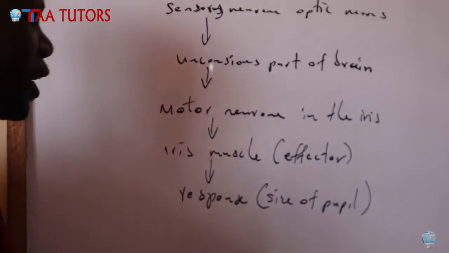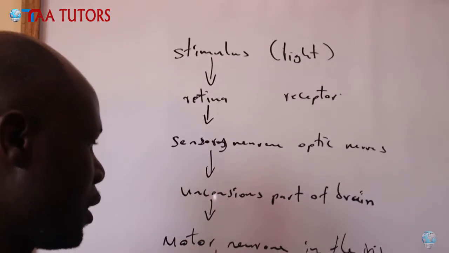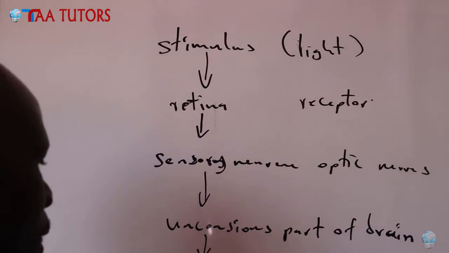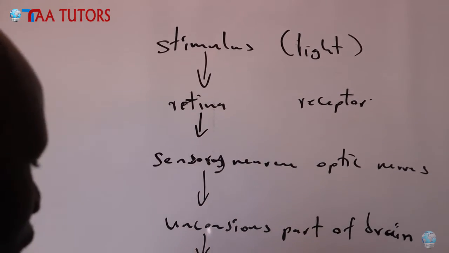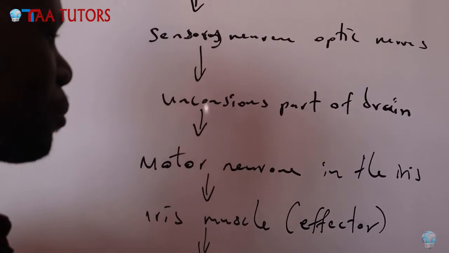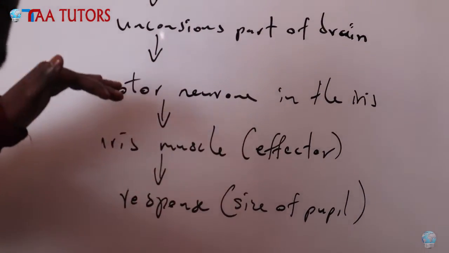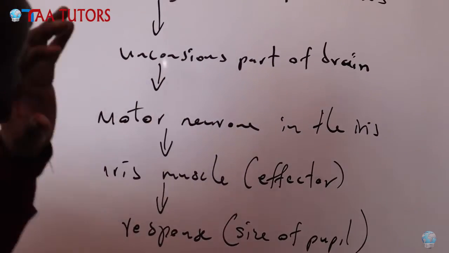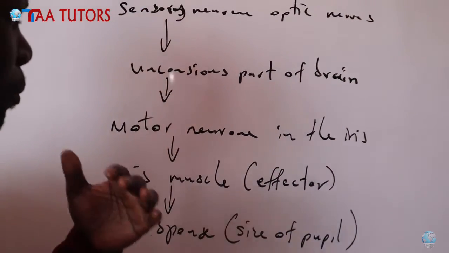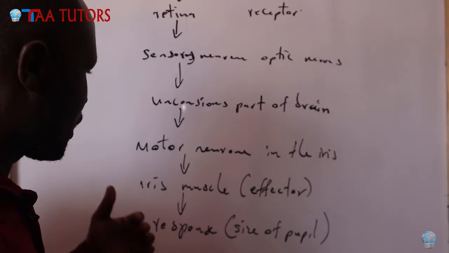When you are in dim light, how will the size of the pupil be? It will be widening, it will be dilating. That is the actual response there. If you are in bright light, the pupil will constrict so that it becomes small. That is how you are responding. So these are the events, how they move from the time the light is coming in until the size of the pupil is controlled, controlling the light that is coming in.